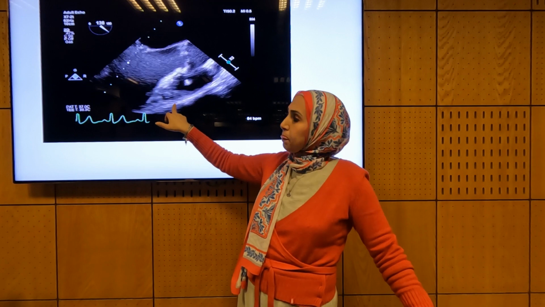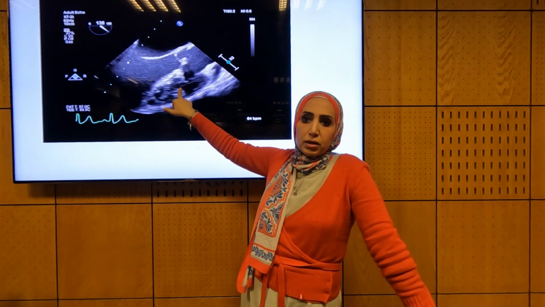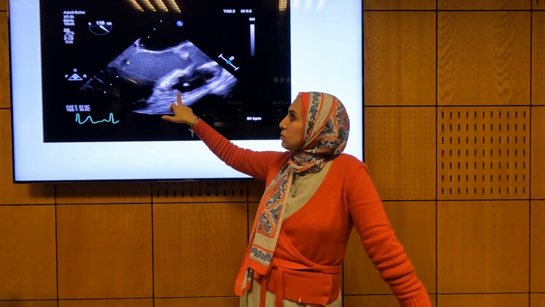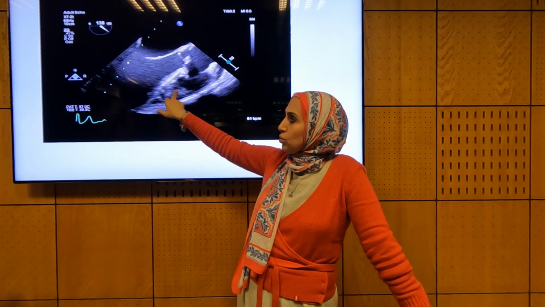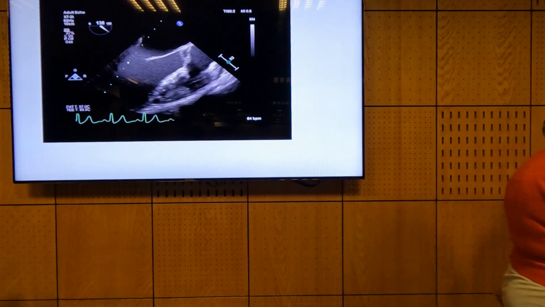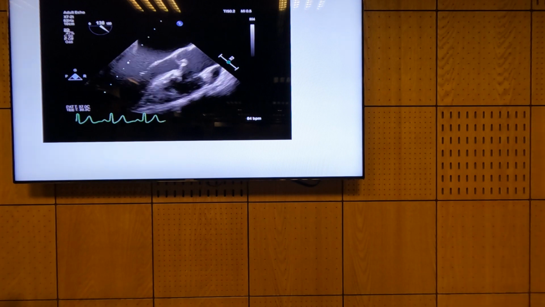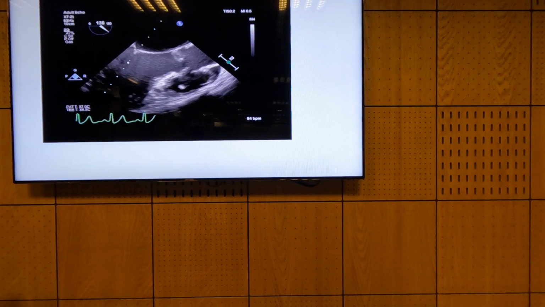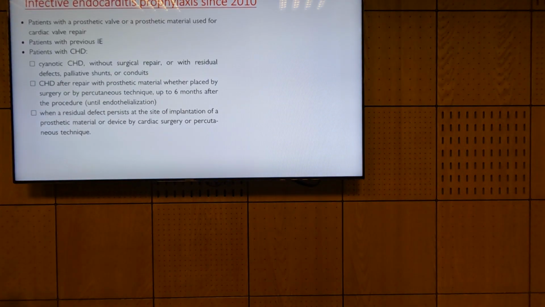Is it clear? This lady presented a week after labor, feverish, and then septic and toxic. And we have here, you look for this, vegetation attached to that. So actually, this is a bit of a tricky point because the guidelines in 2010 advise against infective endocarditis prophylaxis in left to right shunt.